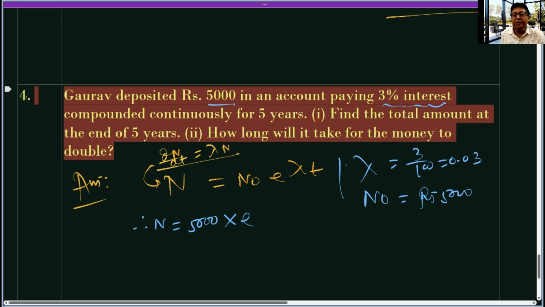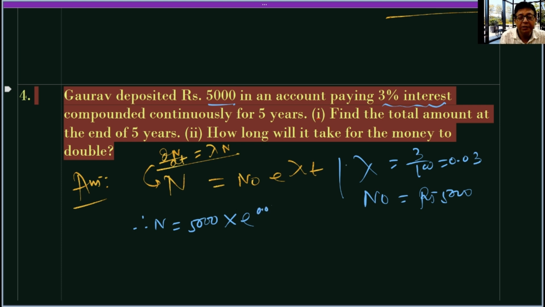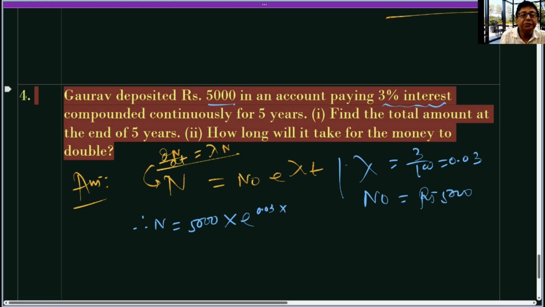E to the power lambda into T. T is for what? 5 years. E to the power 0.15. Isn't it? Go to the table again, e to the power 0.15 value. The table is given in your book.